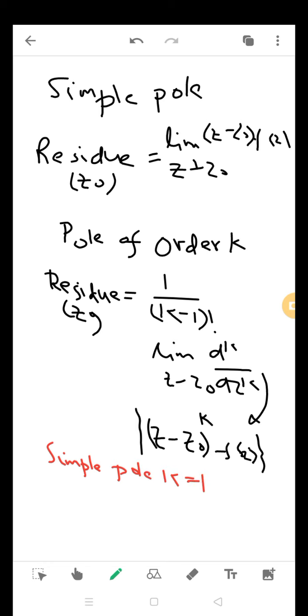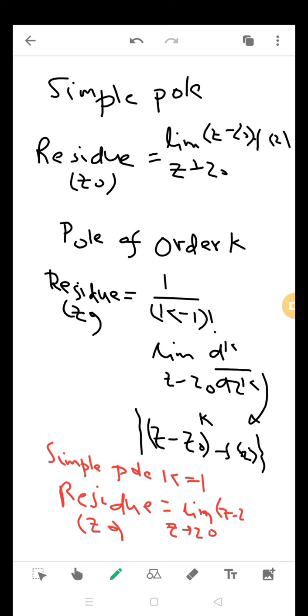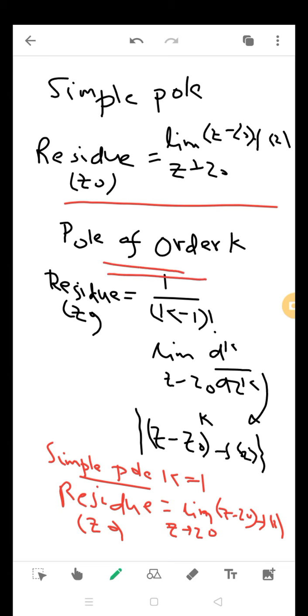So if you put k equal to 1, automatically we get the residue as the limit z tends to z0 of (z minus z0) into f(z). So this we have already seen here. So this is one of the special cases of the residue, the pole of order k.